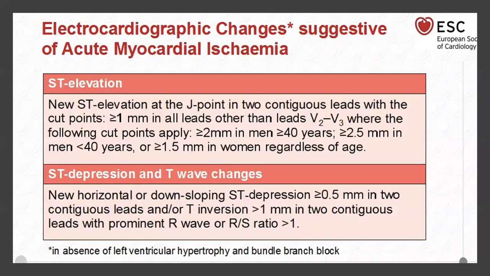So like I said, in terms of the ST elevation, the patient has to have a new ST elevation at the J point, like we viewed on the previous screen, in 2 contiguous leads with the cut points of more than 1 millimeter in all leads other than V2 and V3, where the following cut points apply for males: more than 40 is 2 millimeters, and 2.5 millimeters in males less than 40.